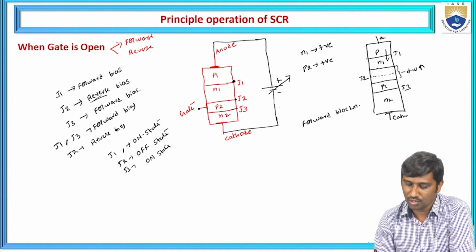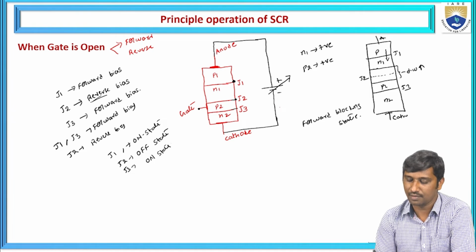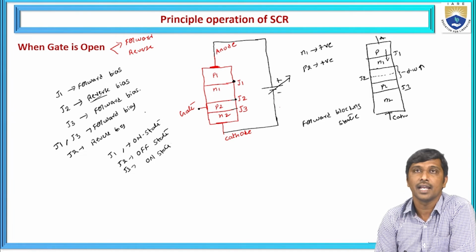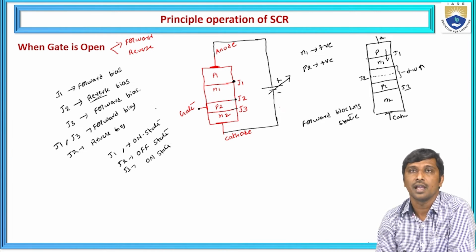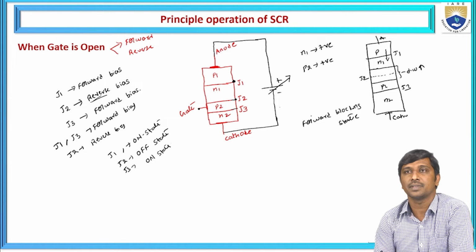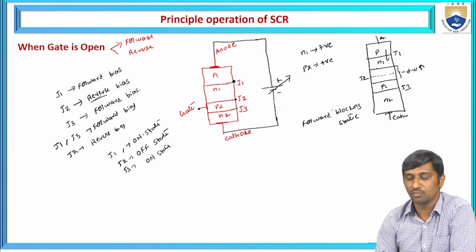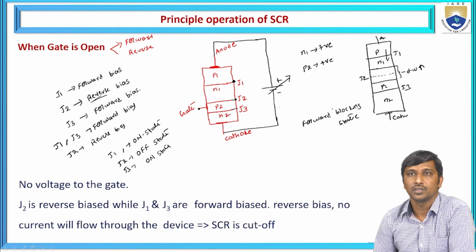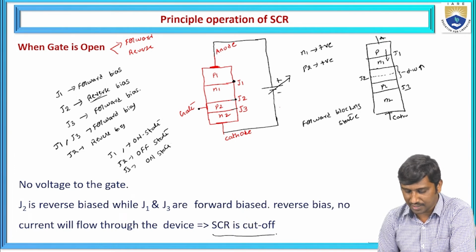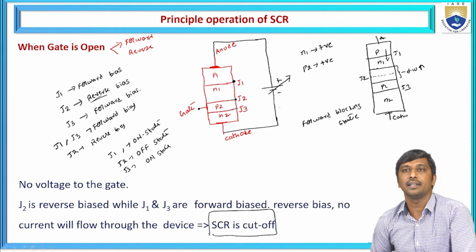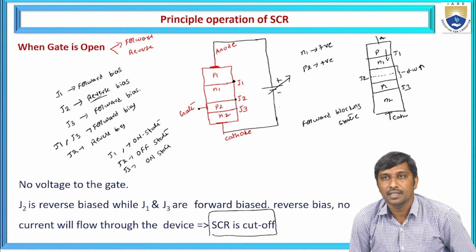This state is called the forward blocking state: when the gate is open, even though you are applying a forward bias voltage between the anode and the cathode, the J2 junction is reverse biased and there is no movement of charge from anode to cathode. Hence, the SCR is in a non-conducting state, represented as the cutoff state.